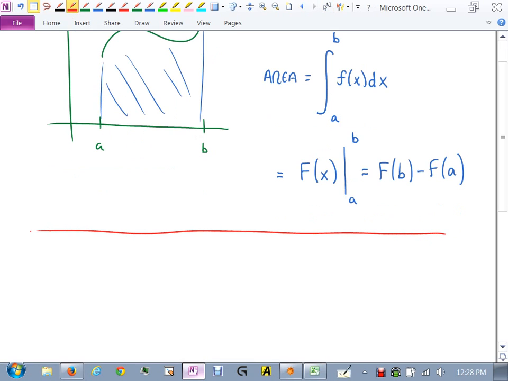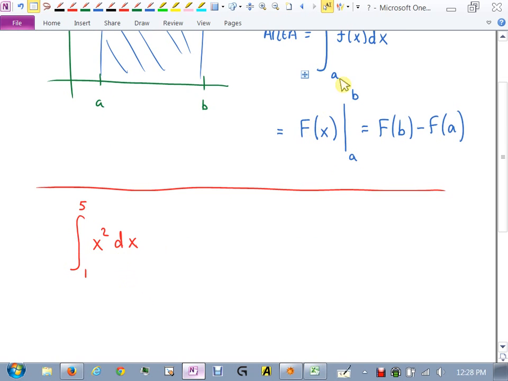It's beautiful. Look at the problem we just did, trying to find the area underneath x squared between 1 and 5. I would write the integral from 1 to 5. The function I'm trying to find the area under is x squared. According to this, that will be equal to, first write down your antiderivative.